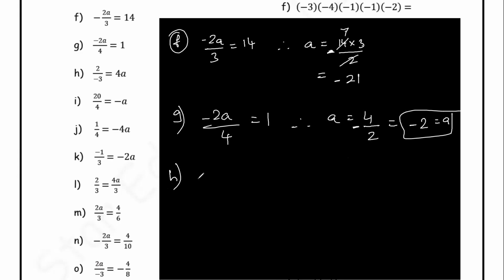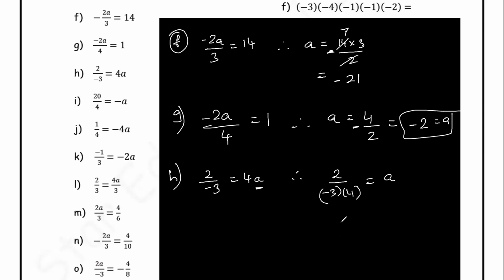H. 2 over negative 3 is equal to 4A. Therefore, I want to find A, right? So this time it'll be 2 upon negative 3 multiplied with 4, which is equal to A. We bring the 4 next to negative 3.